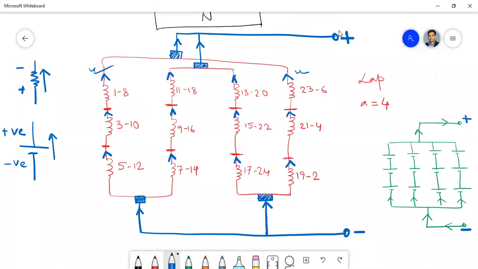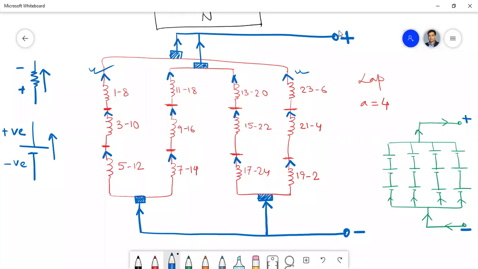If you provide some external voltage to run the motor, that is the terminal voltage. But there also some voltage will be generated, equal to ZPφN by 60A. In case of motor, that voltage generated in the machine itself is called the back EMF, because it acts in opposition to the supply voltage, the terminal voltage. Have you understood? Yes, sir. So for motor also the convention and polarity will be the same.